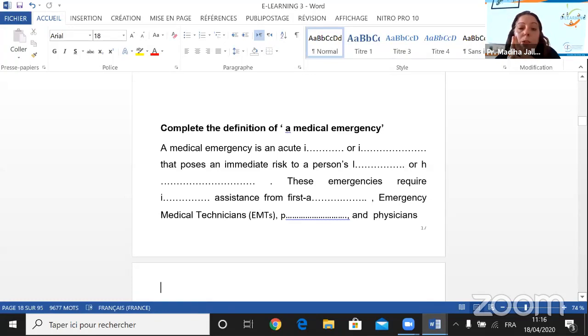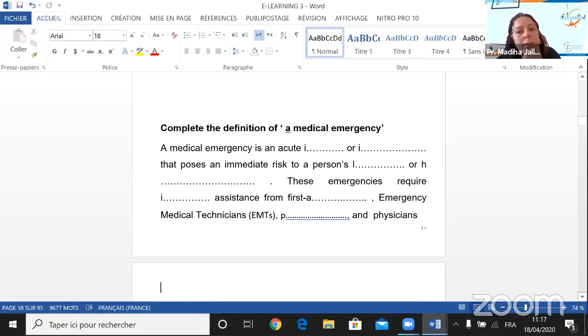The other one, think for example of heart attack, that is an illness. So this poses an immediate risk to a person's life, so they're life-threatening, or health.